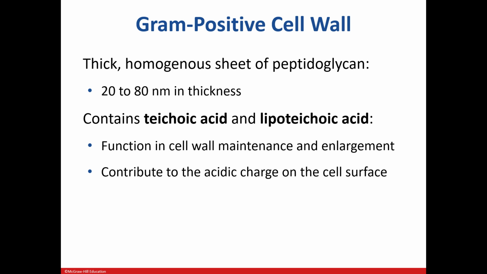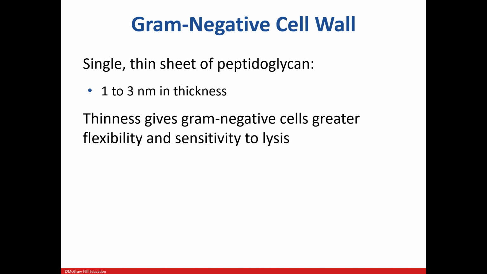A gram-positive bacterium has a significantly thicker cell wall than a gram-negative bacterium. Those teichoic and lipoteichoic acids help to maintain the cell wall and give it a charge. A gram-negative bacterium has a thin cell wall, which enables it to be a bit more flexible and more sensitive to rupturing.